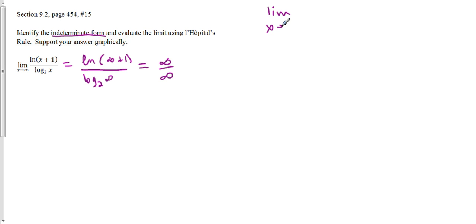It says that the limit as x goes to a, and a can be any number, 0, infinity, 4, of f of x divided by g of x is going to be equal to, assuming that this is either 0 over 0 or infinity over infinity, and a whole bunch of other conditions are met that we talked about when we talked about L'Hopital's rule, then this is going to be equal to the limit as x goes to a of the derivative of f of x divided by the derivative of g of x.